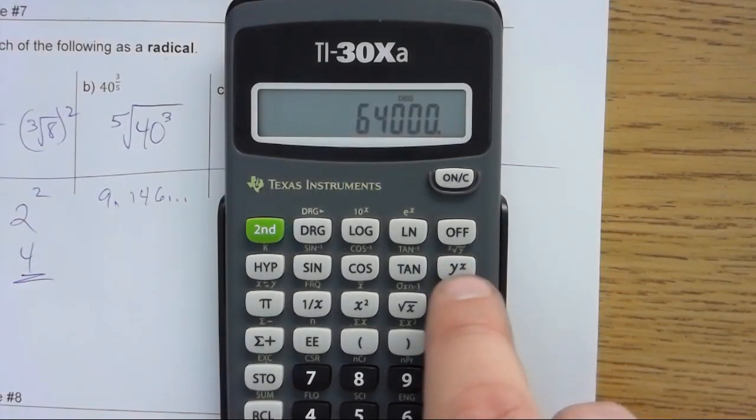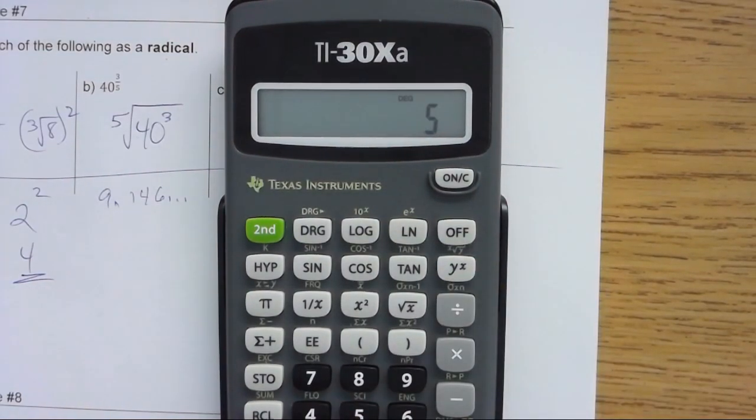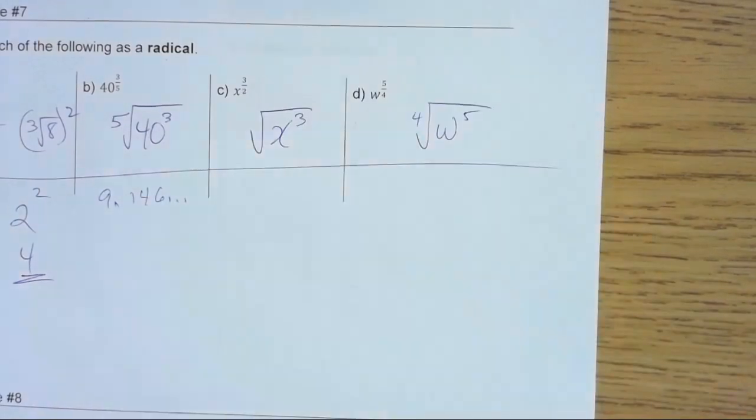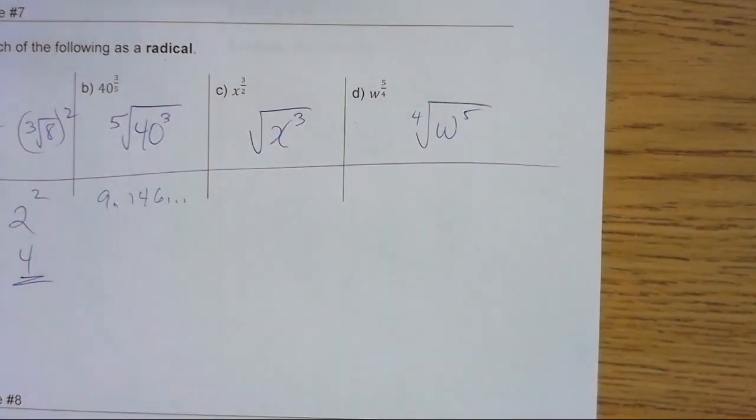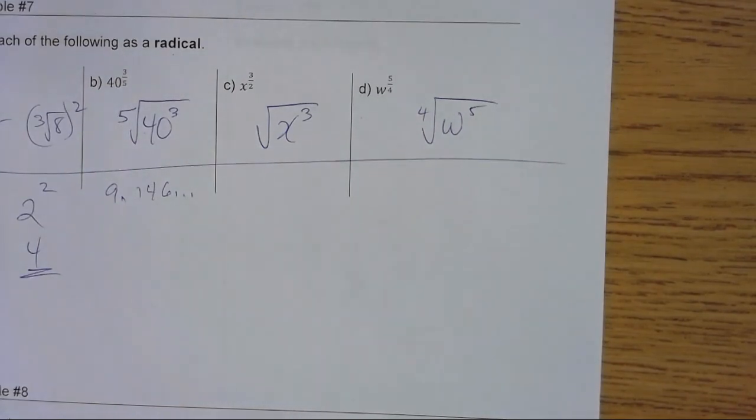It's the shift on my power button. So I go shift, that button, and I want a 5th root, so I type a 5. And there's that number. Or, again, I could have taken the 5th root of 40 and cubed it. I get the same answer either way. Okay, I think that probably gets most of your calculator's types of button punches out of the way.